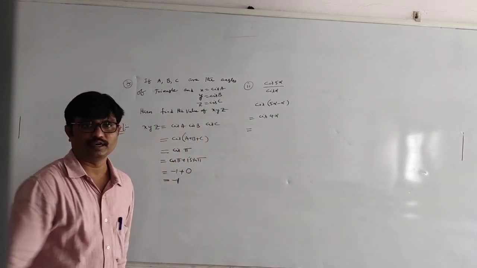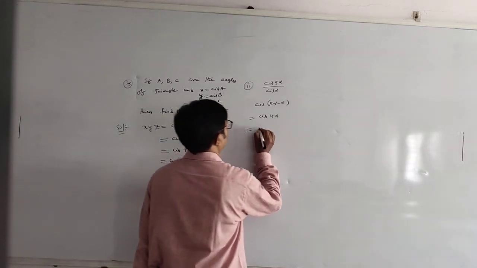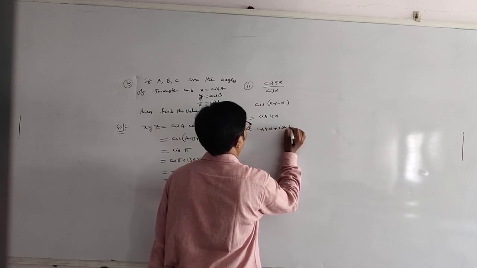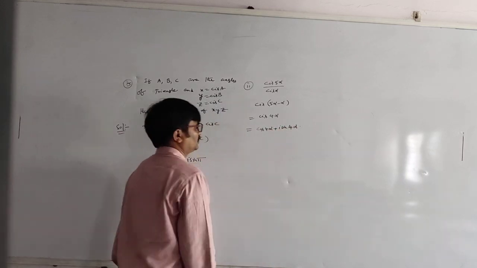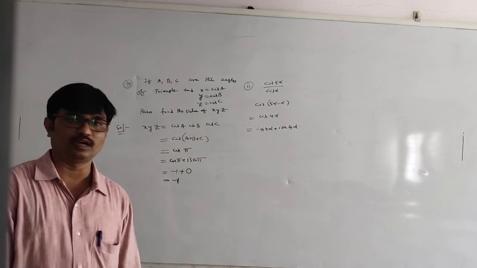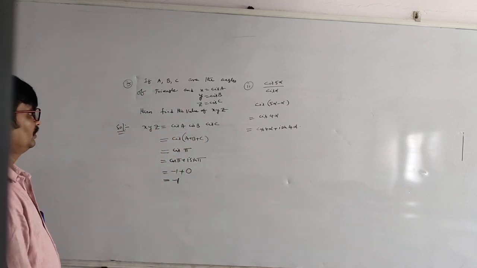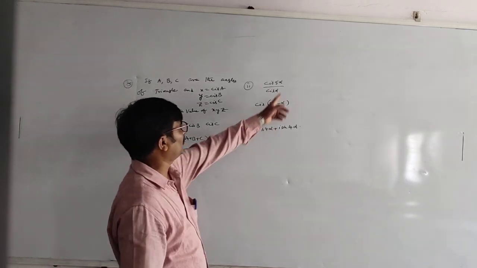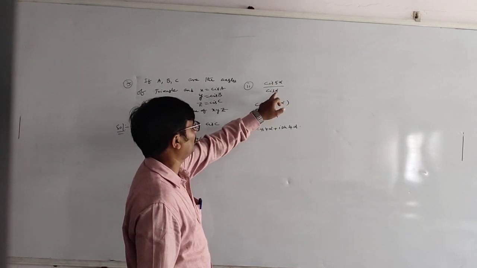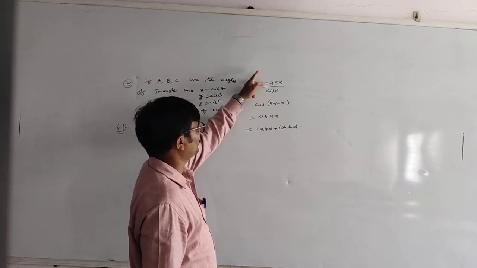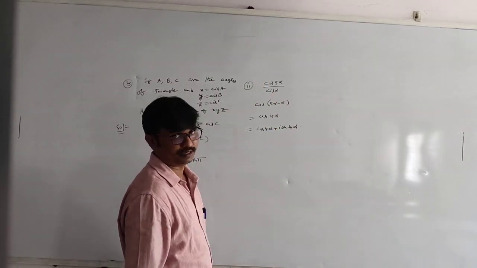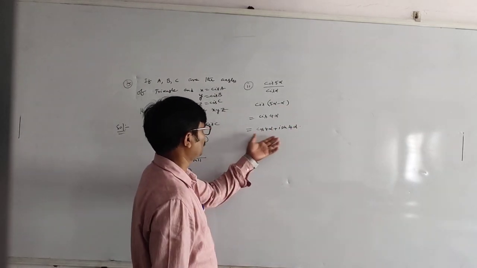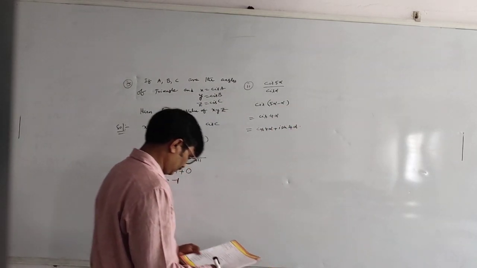Cis 4 alpha is cos 4 alpha plus i sin 4 alpha.